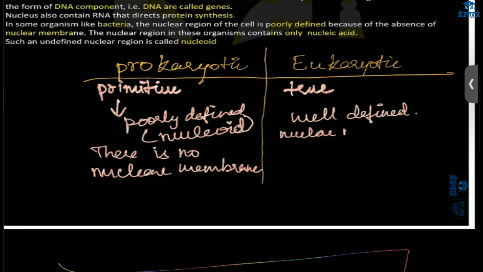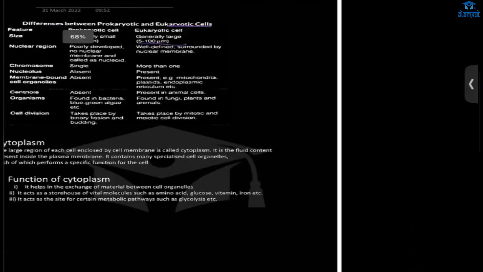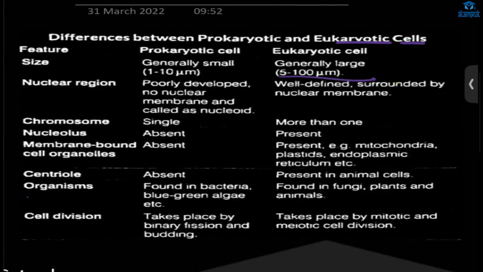So: nuclear membrane, nucleoplasm, nucleolus, nuclear pore, chromatin. That's all. Let's see more differences between prokaryotic and eukaryotic cells.